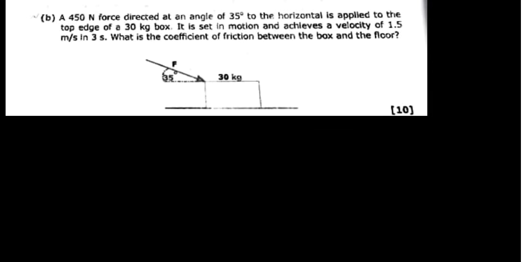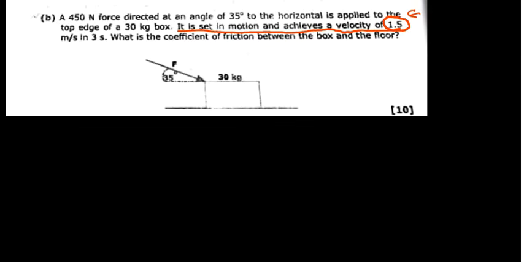So the key point here for us to know is whether 1.5 meters per second is the final or initial velocity. The question says it is set in motion and achieves a velocity of 1.5, meaning this velocity is the final velocity.